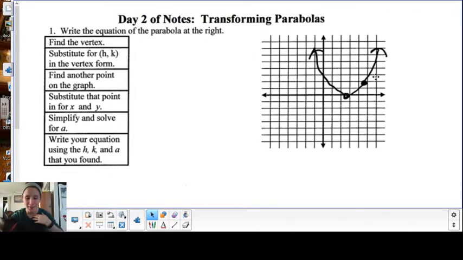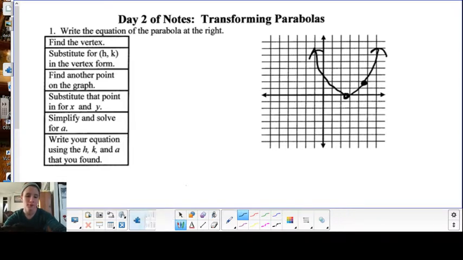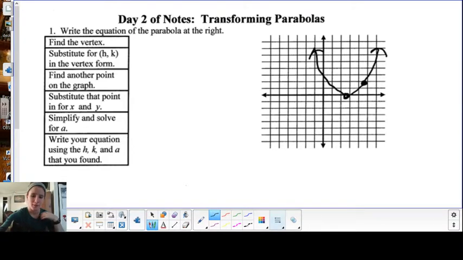And I know that it's not the best graphed one because I did this last year with my smartboard, and that was before I had a touchscreen laptop, so it doesn't look the best. So step number 1 is find the vertex.